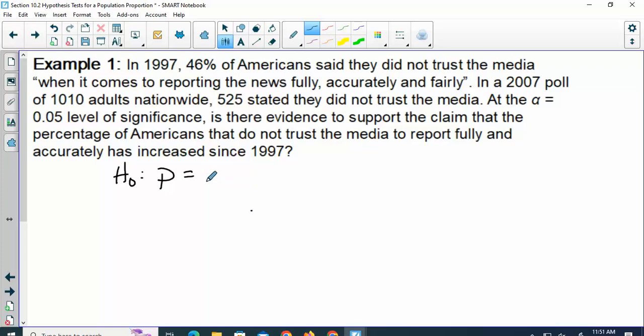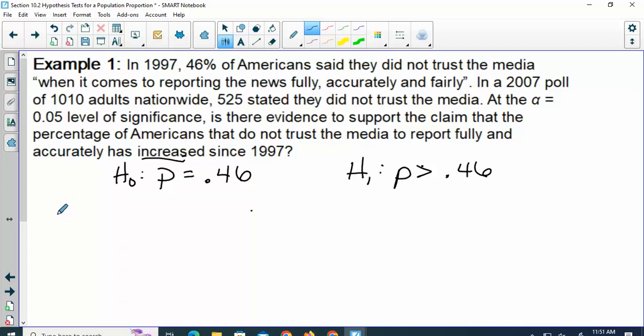What was my original p? 0.46. The alternative. Still with p, what are we trying to test? Increase. So that would be greater than 0.46. So is this left, right, or two-tailed? Right tail. Testing greater than.